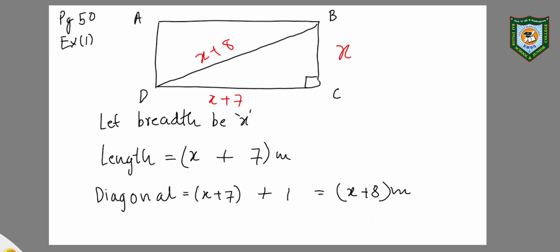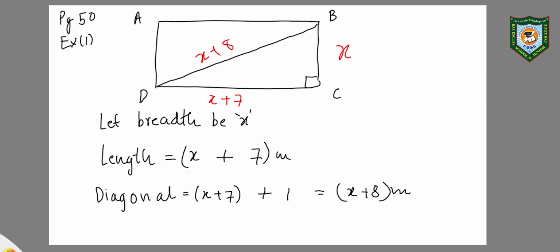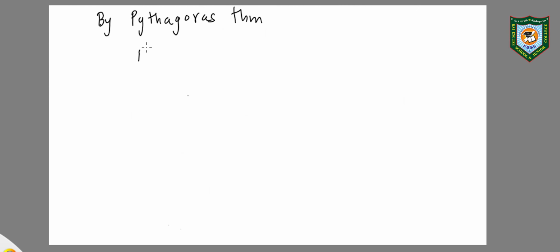So as we know, in a right angle triangle, we can always apply Pythagoras theorem. So here, by Pythagoras theorem, we get BC square plus DC square is equal to BD square.